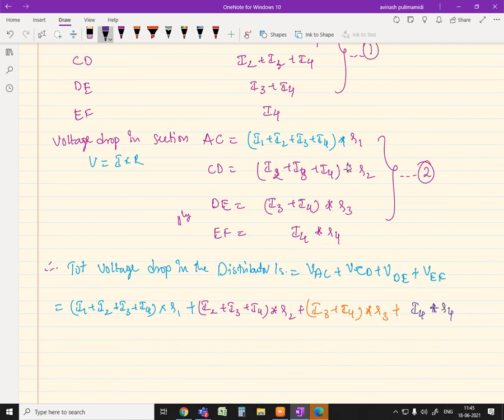So this is the total voltage drop. Okay, I hope you understood.